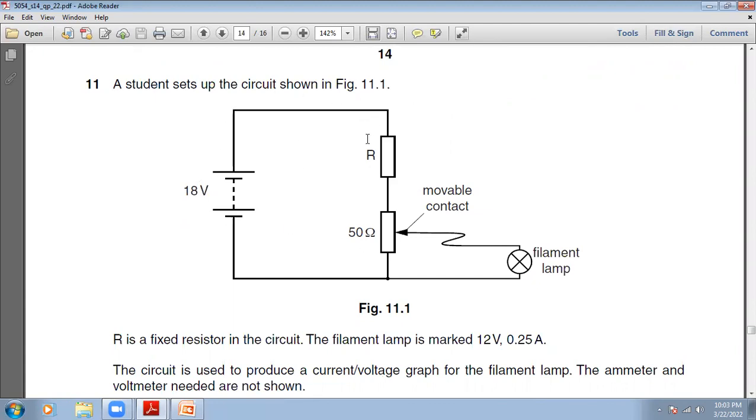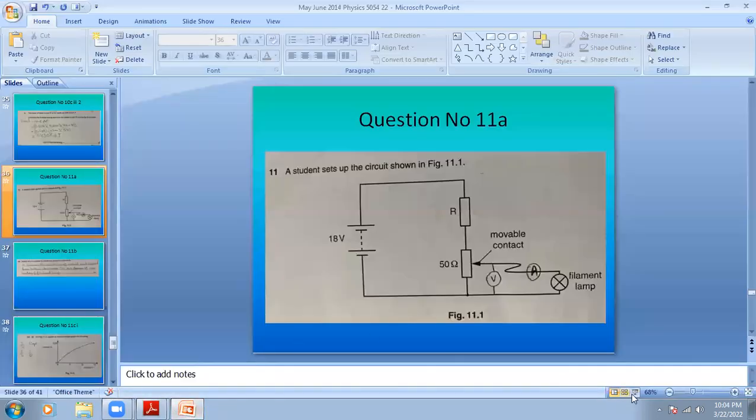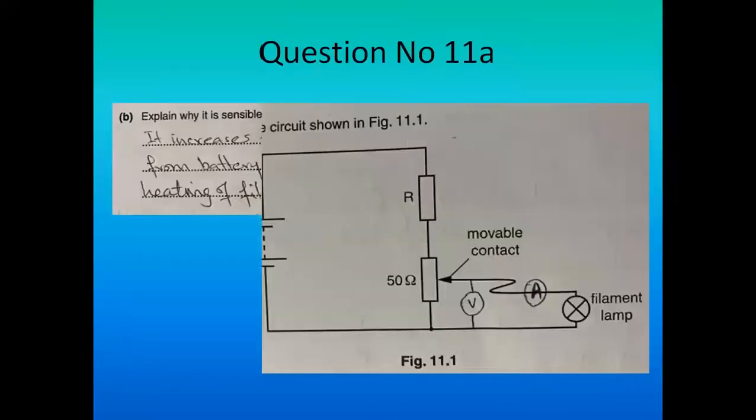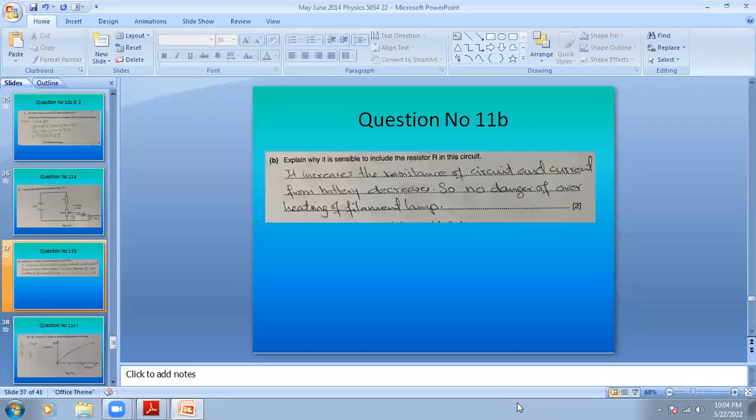So the current coming from the battery will not be large, and there will be no danger of an excess amount of current passing through the filament lamp and overheating it and burning it, or you can say fuse it. So my answer: it increases the resistance of the circuit and current from the battery decreases. So no danger of overheating of the filament lamp. So that is our answer.